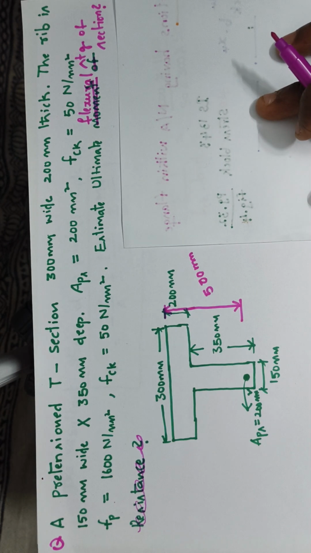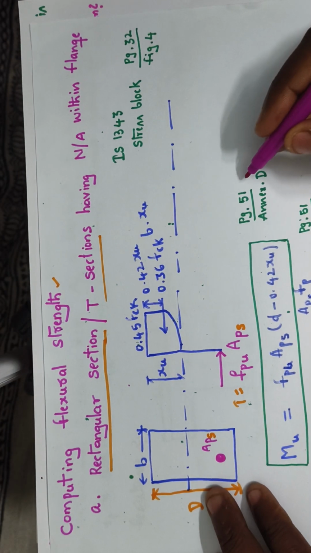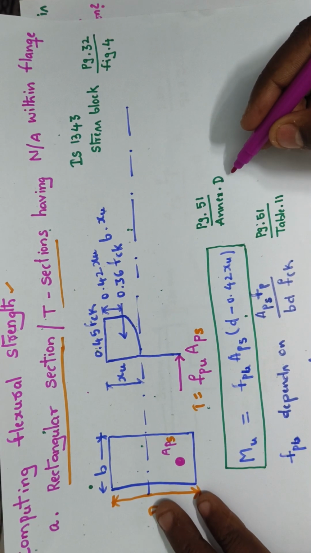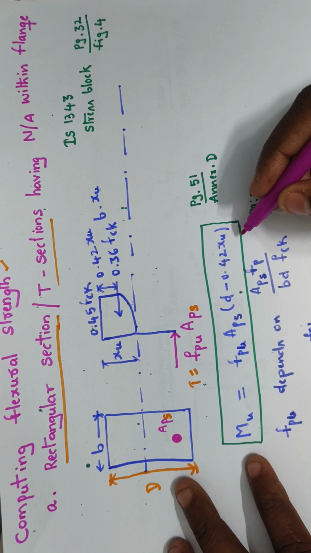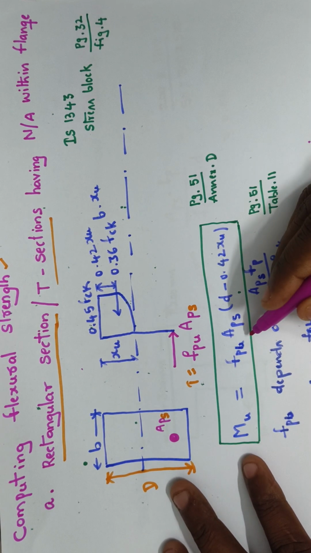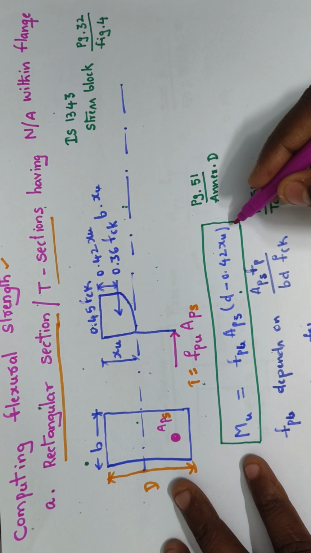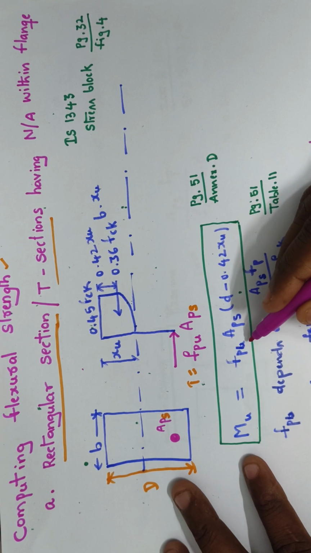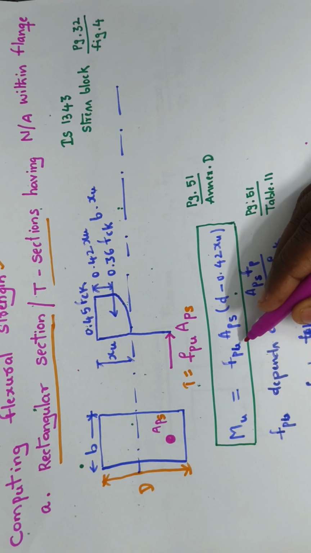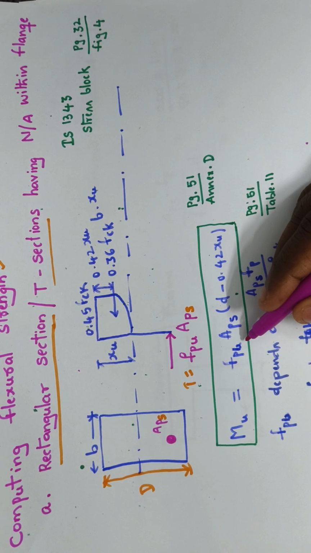See, from IS 1343 page number 51 annex D, the moment of resistance can be calculated using this formula: FPU into APS multiplied by D minus 0.42 XU, where FPU is the effective pre-stress in tendons after losses.